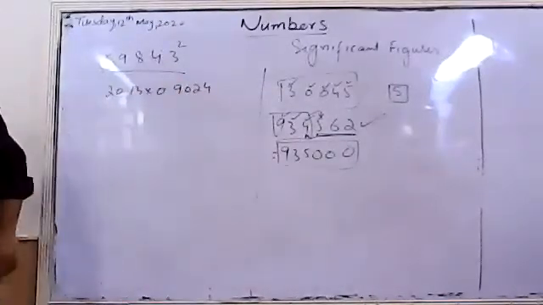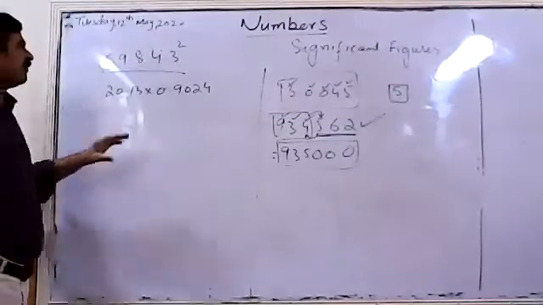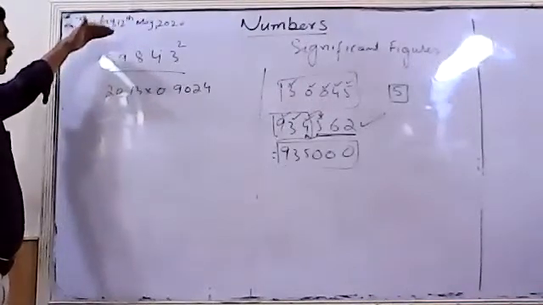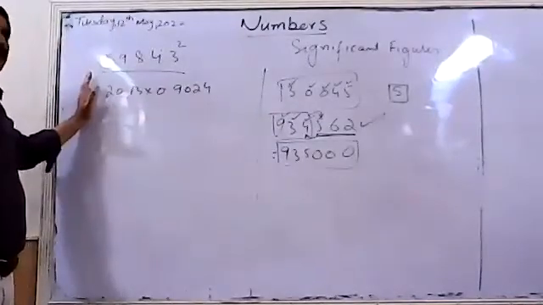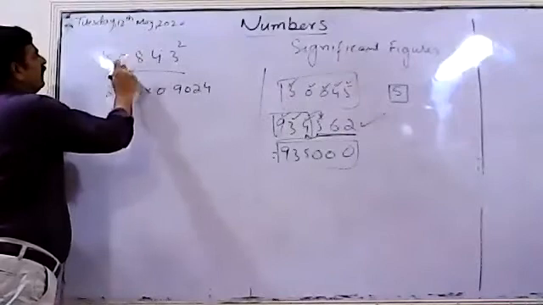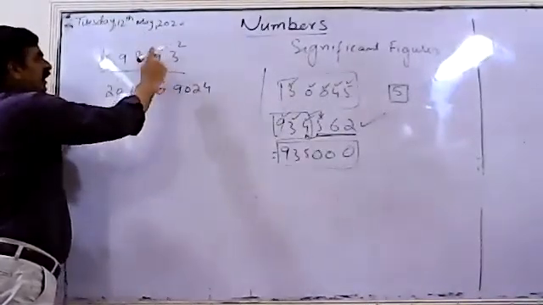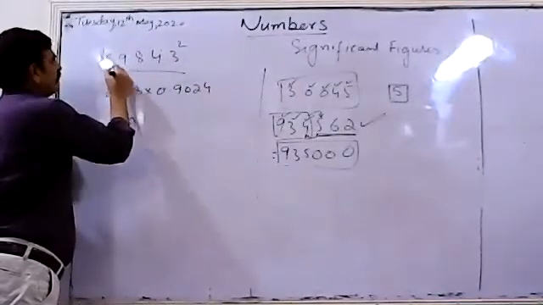By writing each number correct to one significant figure, estimate the value of this. First of all, we will write each value up to one significant figure and then we will estimate it. 59.843 squared will be 60 if we write only one significant figure.